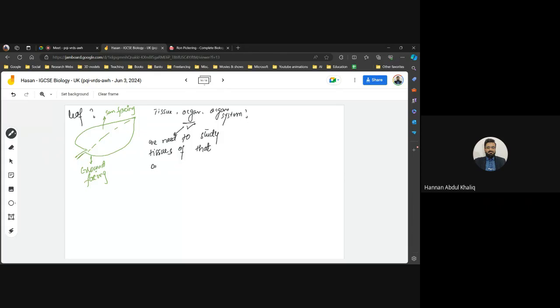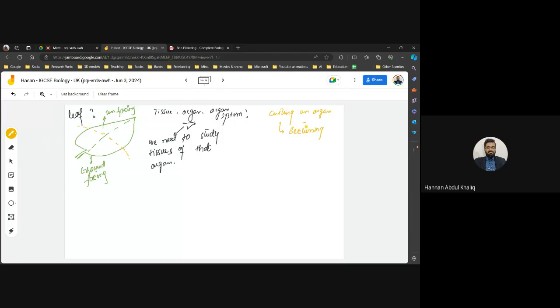How do we study the tissues? We first of all cut the leaf, cut the organ. Cutting an organ, in the word of anatomy, is called sectioning.